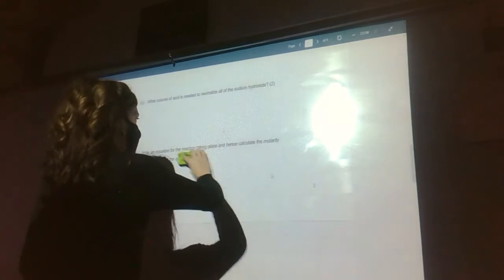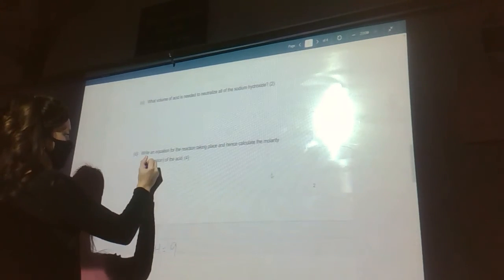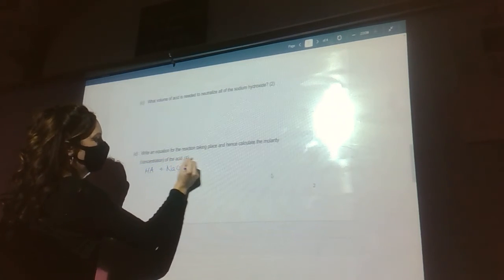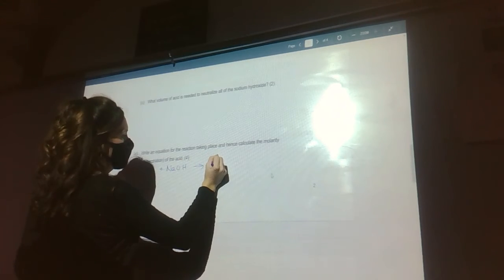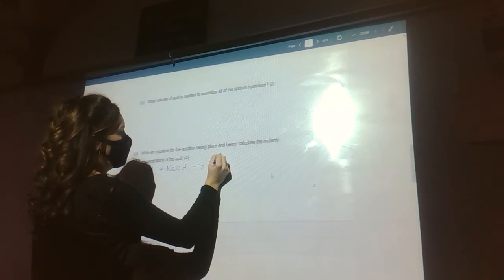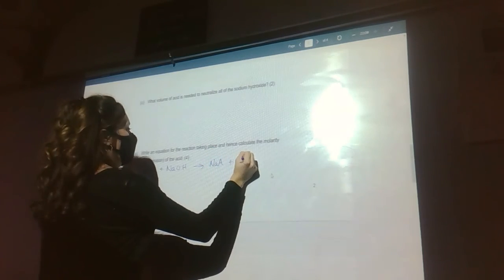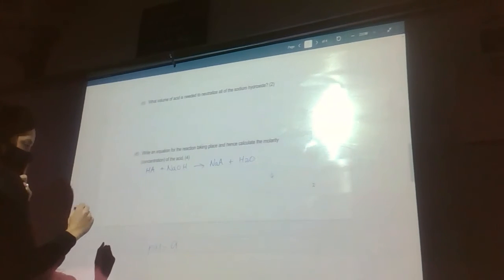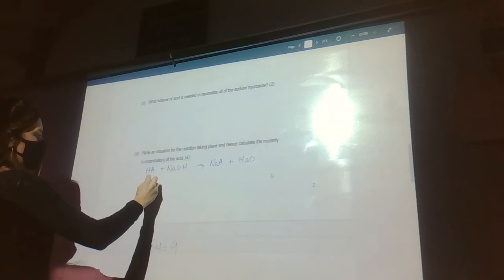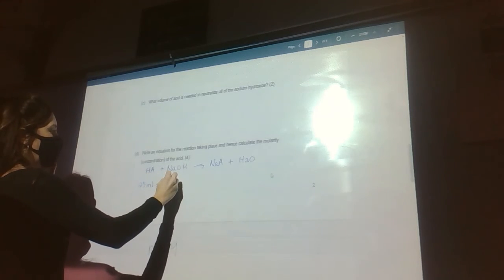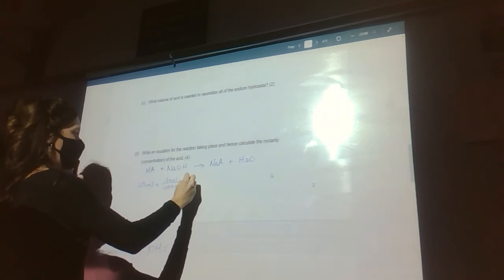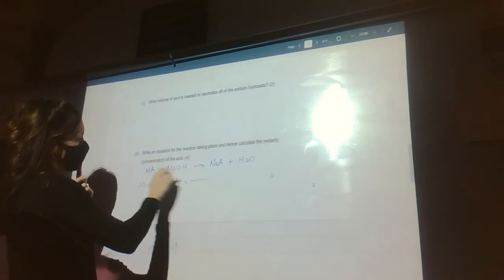So it's weak acid plus sodium hydroxide makes A minus, Na, I guess, A, and water. This, they told you, was 25 milliliters and 0.1 molar. And then it's a 1-to-1 ratio.